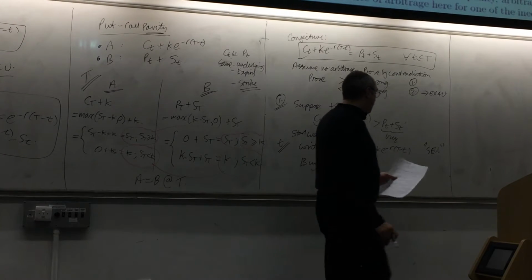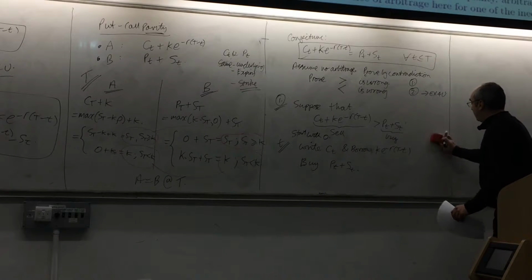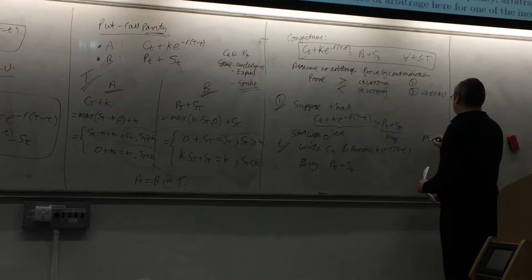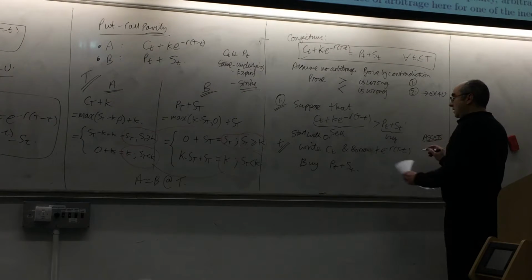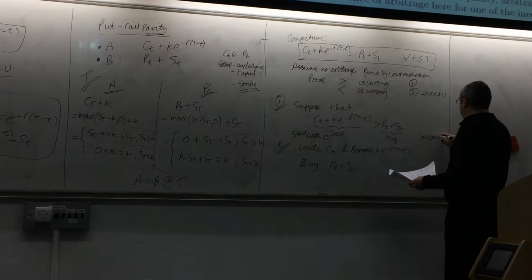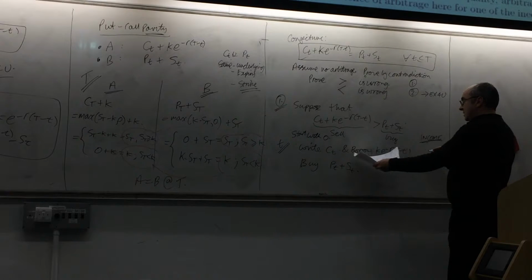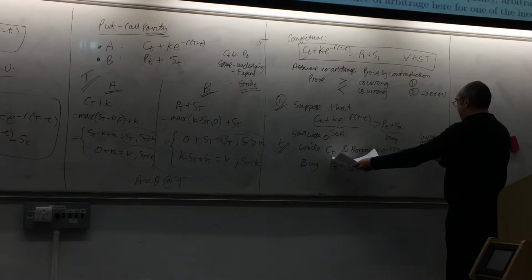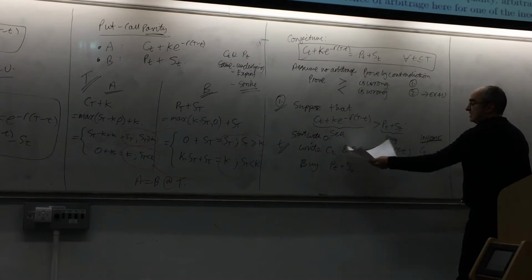Okay? So what have I got? Well, my income is, I'm going to write this and get Ct for writing it. Someone's going to pay me Ct for it.